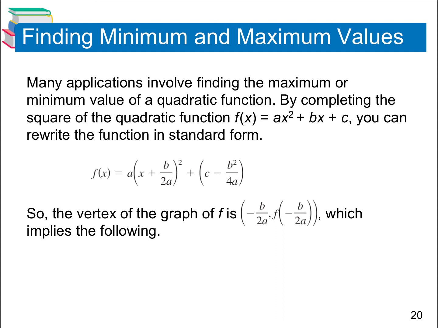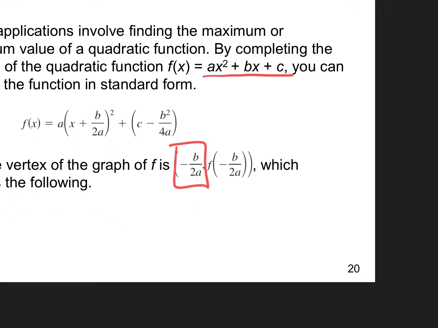So to find the vertex when it's given in standard form, we use this formula here. So when we're given a quadratic function like this, we use -b over 2a to find our vertex. So this -b over 2a is the formula we want to use.